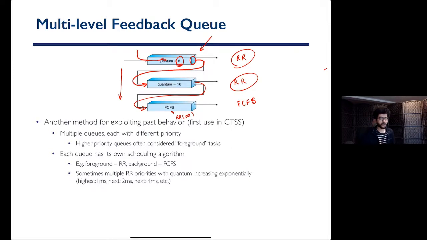When it comes across queues, you can do what we talked about. You can do time sharing. So you can, for example, spend 80% of the time on the top queue, 15% of the time in the middle one, and then 5% of the time in the bottom one. So that's also possible.